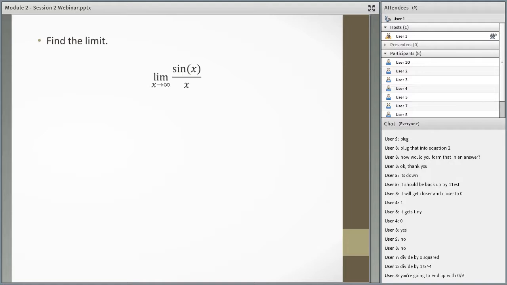Well, as x goes to infinity, in the denominator, we're going to have an infinitely large number, but the numerator, as x goes to infinity, sine x, if you think in terms of what the graph of sine x does, it doesn't tend towards one number at all. What does sine x do? Do we know anything about sine x?